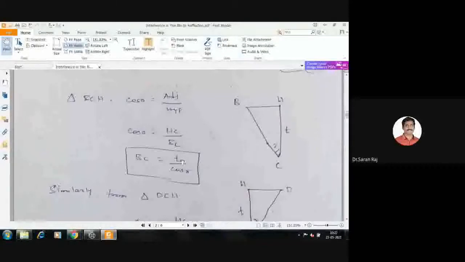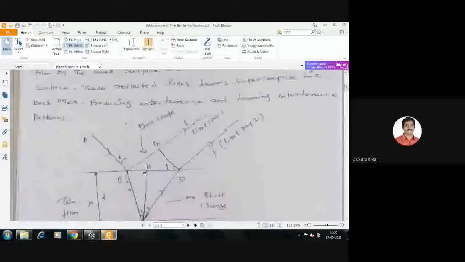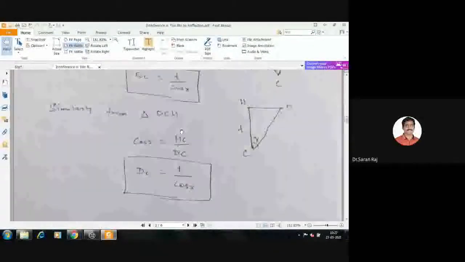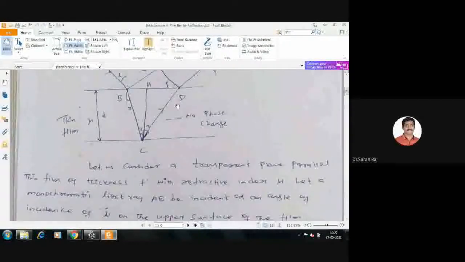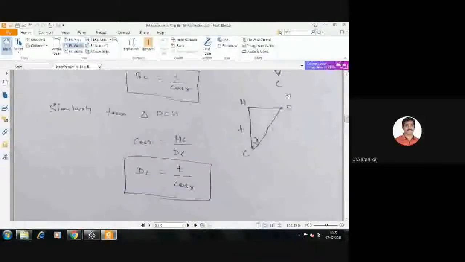Next, in the same way, in a similar way, we can determine the CD value. For the CD value you can take the right-hand side triangle, HCD. I draw it here, the triangle HCD.